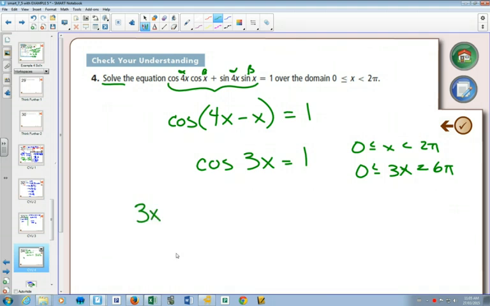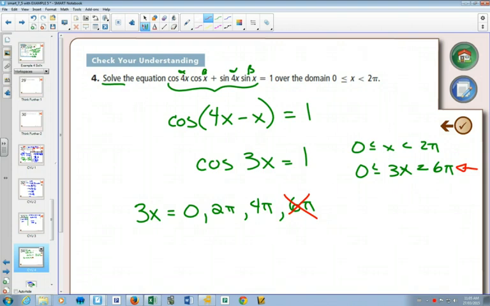So we would go 3x is equal to 0 and 2 pi. That's once around. The second time around would include 4 pi. The third time around would include 6 pi. Of course, according to this, 6 pi is not included, so we wouldn't have to consider that one.